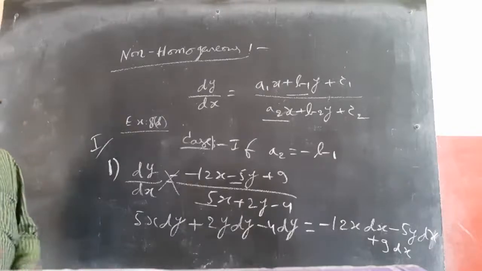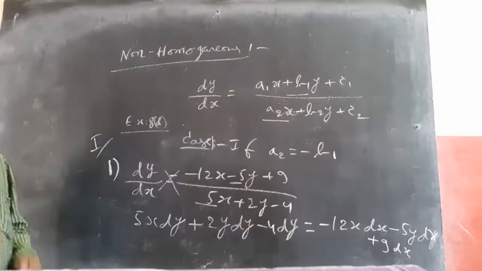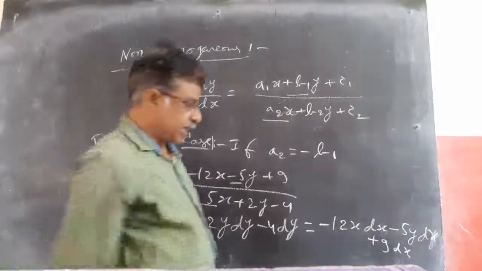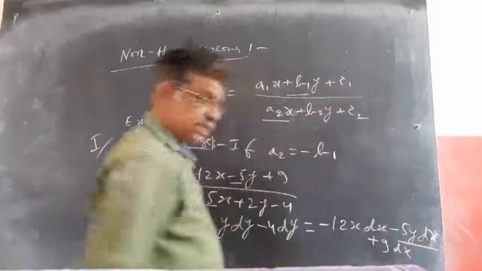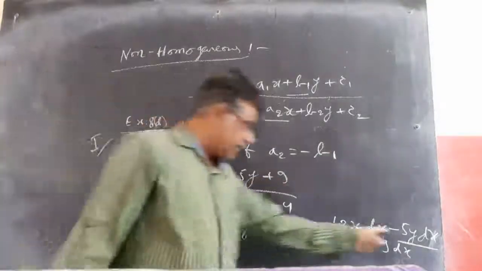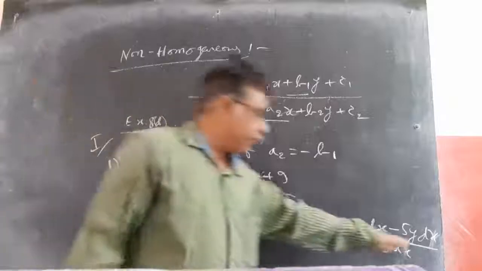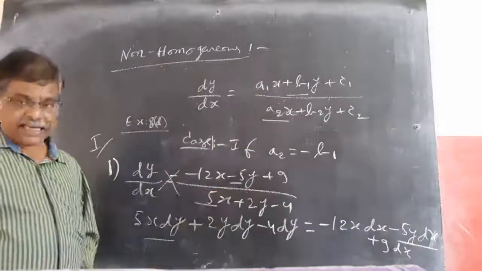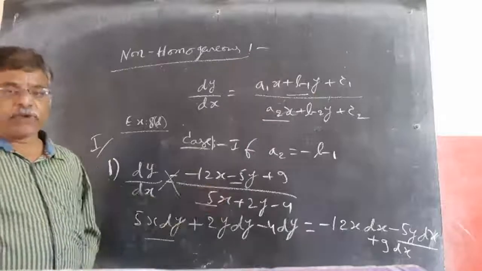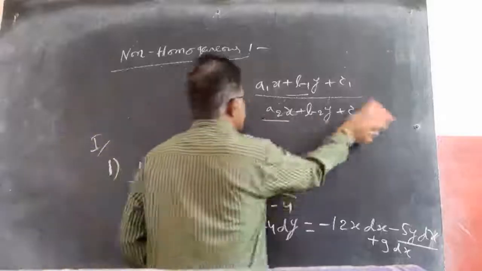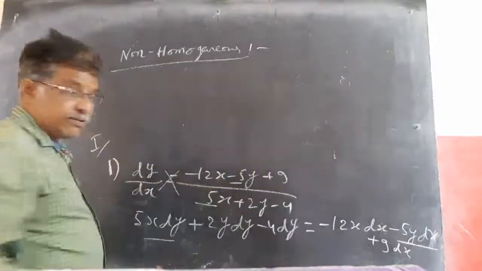After this, the very simple thing is, if you observe, this is 5x dy and this is minus 5y dx. This is x dy, that is y dx. That's why I told these two should be equal. If you bring it to this side, it becomes 5x dy plus 5y dx. So I will bring everything to this side.